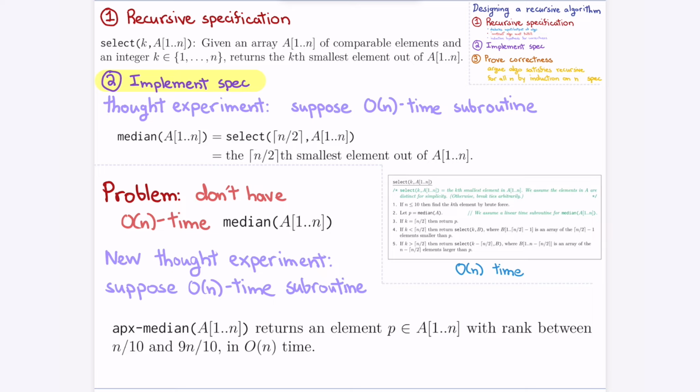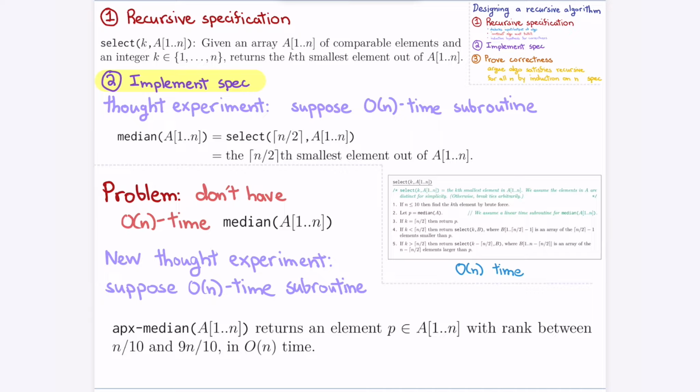It won't return the median, but it'll return something that's in the middle 80%. So the rank will be at least n over 10, and at most 9n over 10. So it's going to leave out the 10% on the extremes. Suppose now you had this weaker subroutine, but it still takes O(n) time.